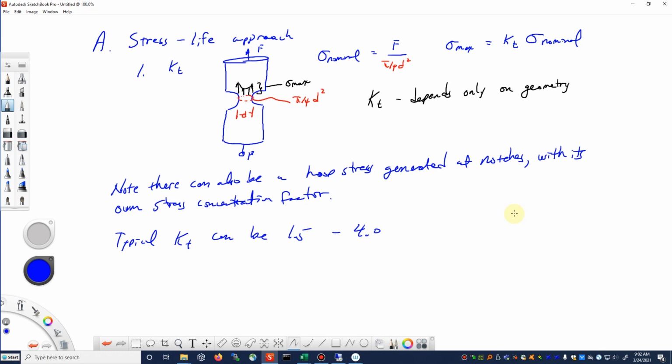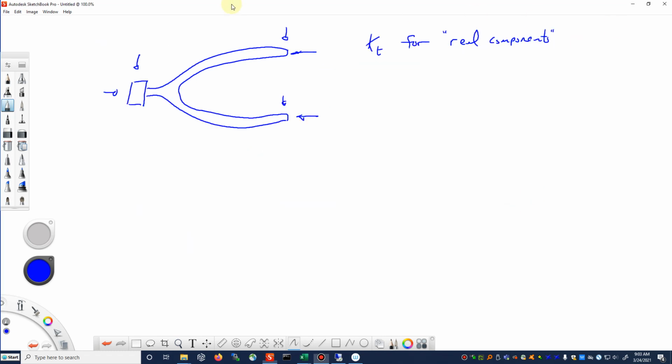Now there are some issues with KT, and I want to bring up a point about maybe more realistic looking structures that you might see maybe in an automobile or an aircraft. All right, so what I have here is a sketch of a control arm for an automobile.